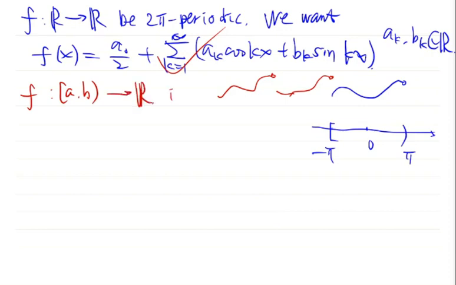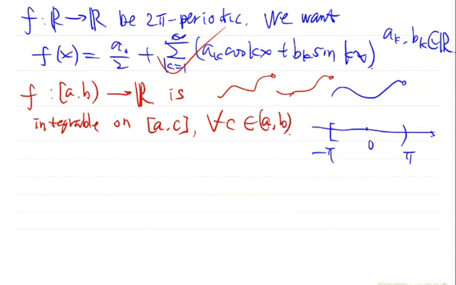If f is integrable on (a, c) for any c, then the definition of the integral of f on (a, b) is the limit as c goes to b.